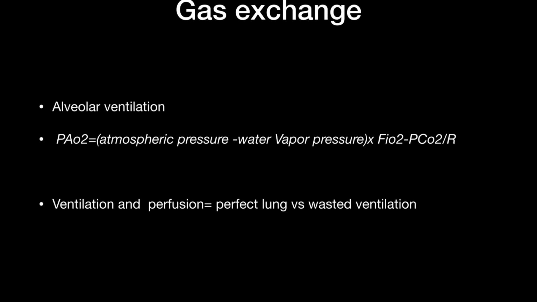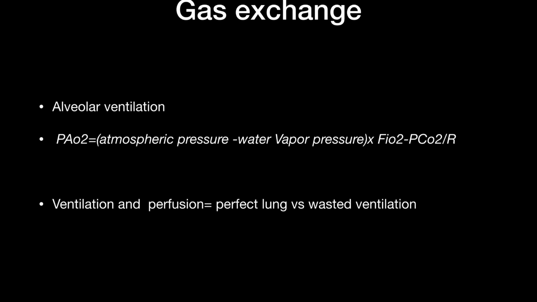Now what is alveolar oxygenation? It is denoted by PAO2. The A, which is in capital letter, means it is alveolar. The a, which is a small letter, means it is arterial. So PAO2 has a formula which involves the atmospheric pressure, the FiO2, ventilation, and also the amount of carbon dioxide in the alveoli.